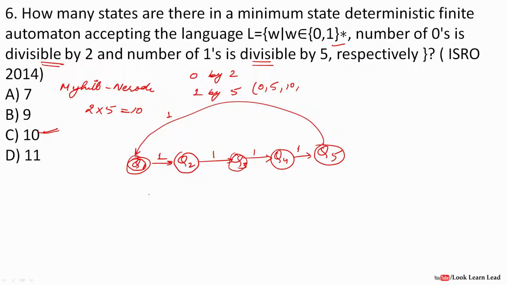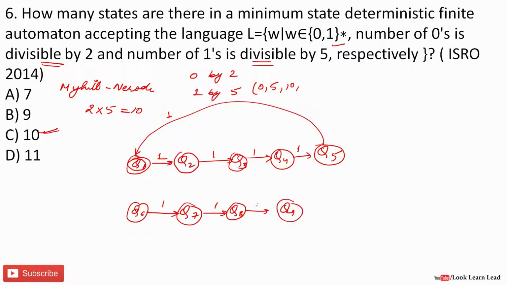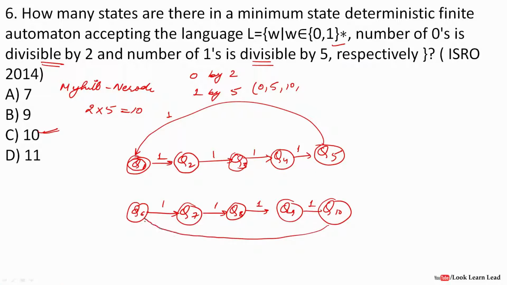So now let's make it for 0 also. In this I would be writing Q6, Q7, and here also I will be writing 1, Q8 as 1, Q9 we are writing 1. It is Q10. So we have used 10 states, and on returning 1 it would go over here. So see, we are making a DFA. On 1 it is here, and for 0 it is here.